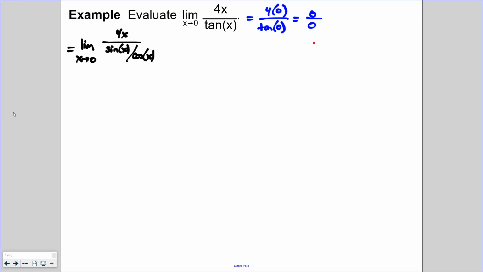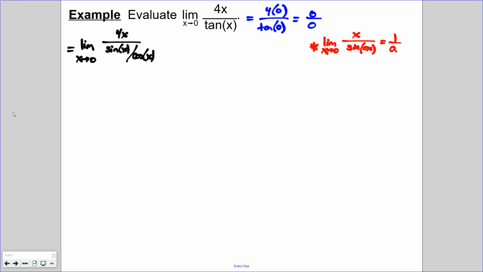And in a way it is, because we do have that special limit, the limit as x approaches 0 of x over sine of ax equals 1 over a. In this case, we do have an x in the numerator, and we do have a sine in the denominator. So we just need to get rid of the 4 and the cosine, and then we can apply that special limit.